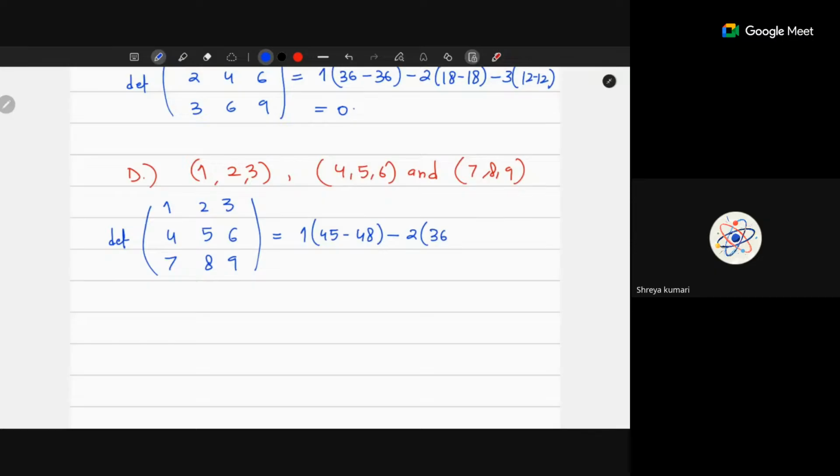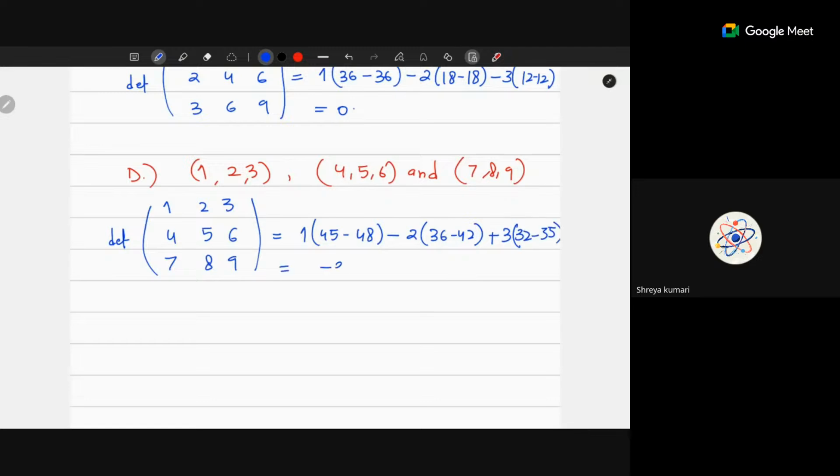You can just check the determinant. You don't need to look for linear independence, because checking linear independence is tricky sometimes. So you go for the determinant of the matrix with each row coming from the vectors. In this case it is 36 minus 42 plus 3 times (32 minus 35).